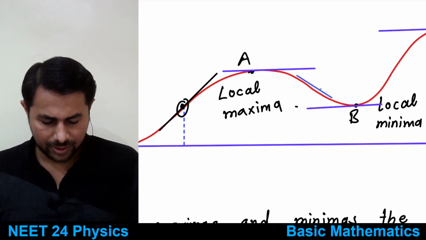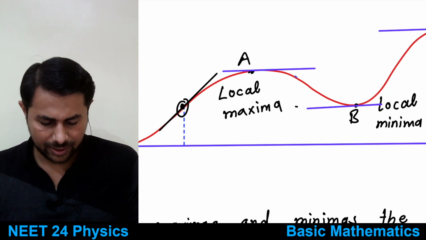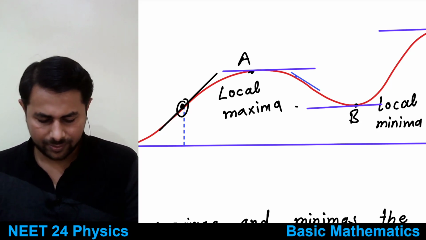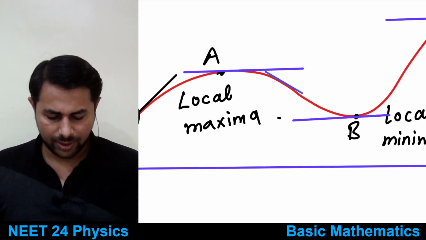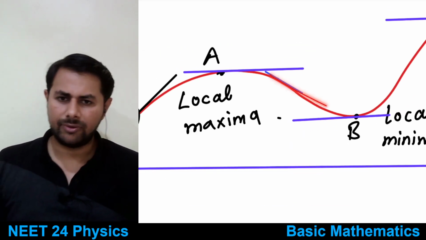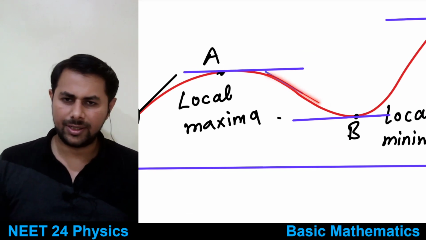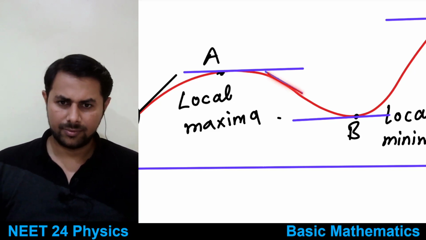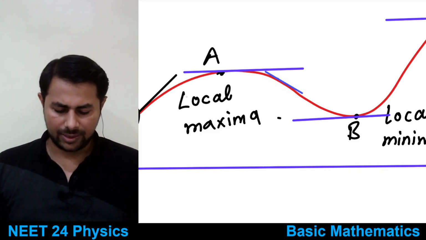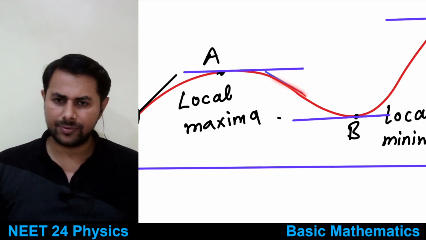I want a tangent here, let's say. So the line goes like this. So how is the slope? Is it positive or negative? It's negative, right? After maxima, the slope is negative.